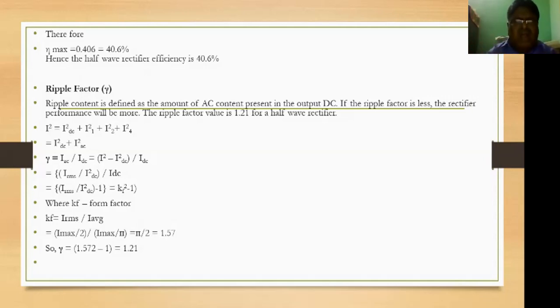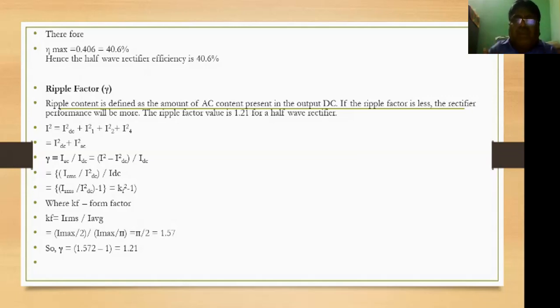So our task is always to reduce the ripple factor. That is very, very important. As far as possible, you reduce the AC content at the output side. Output is always DC, input is always AC. At the output side, you remove the AC components, so then the noise, the ripple, will be reduced.